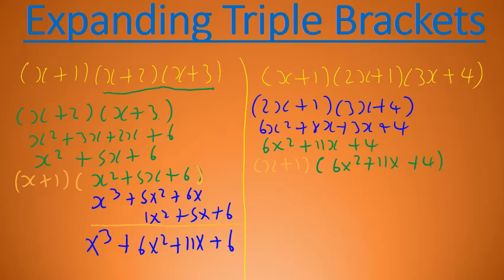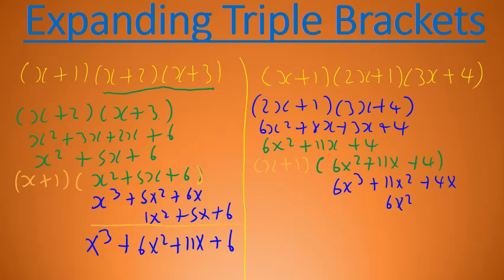Now, if you're going to multiply by x, it just means each of the powers increases, so I'll just line it up. So that'll be 6x cubed, 11x squared plus 4x. And you can see that there's been nothing really tremendous that I've done there, it's really quite systematic. Now if you're going to multiply by 1, it means it's going to be 6x squared, so we'll line that up with the 11, so that's going to be 6x squared.